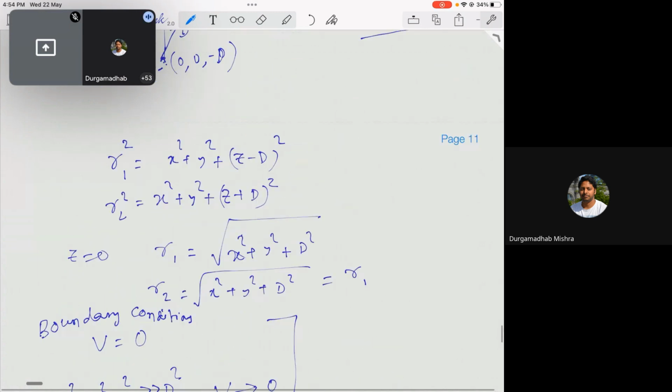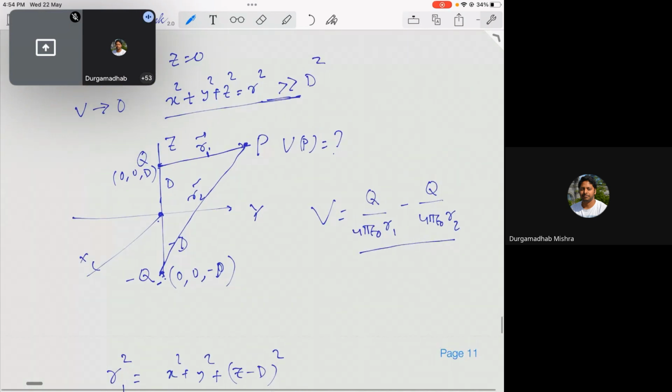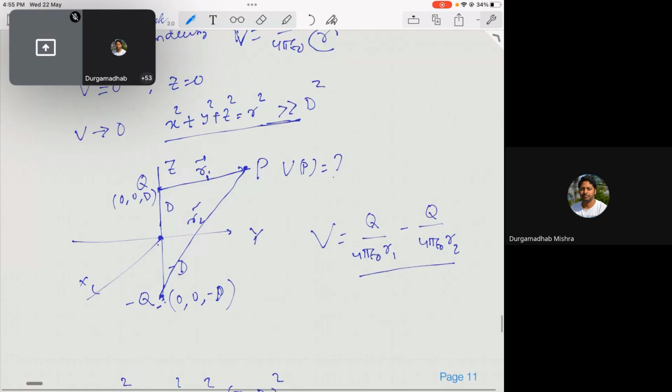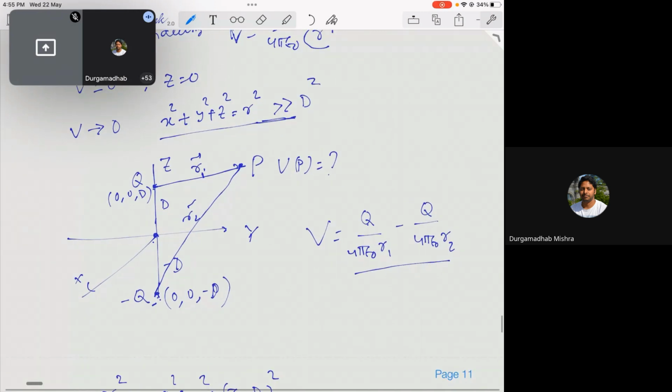But this kind of situation exactly hits the boundary condition of the problem we started with. And if we use the uniqueness theorem, the solution V that we got here should be the same for the other problem as well, because they have the same boundary conditions.